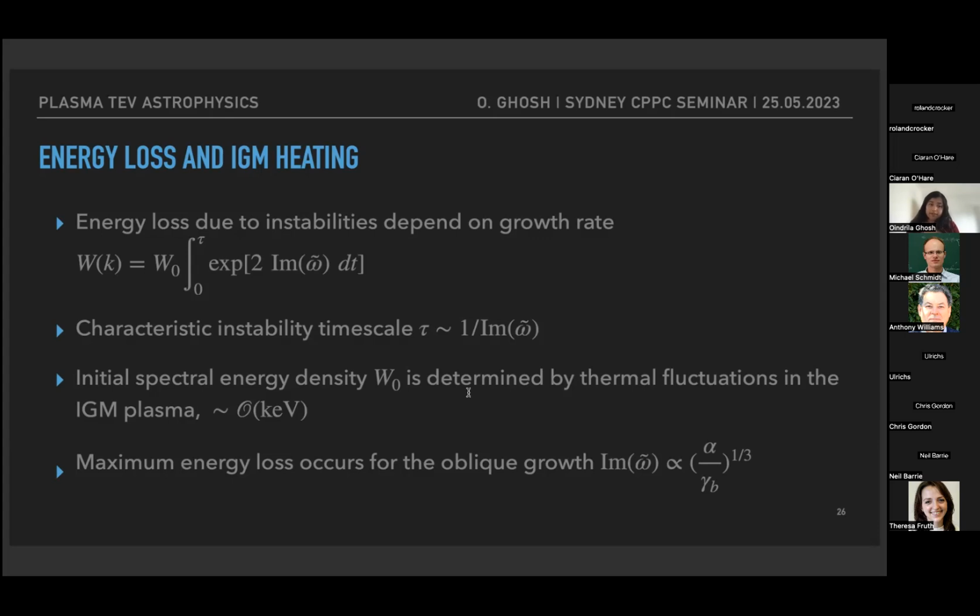And the maximum energy loss would be for a reactive case, which means you have monochromatic injection, and in the oblique growth, you have this scaling of alpha over gamma to the power 1/3.